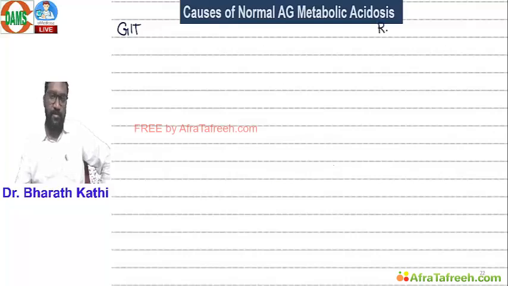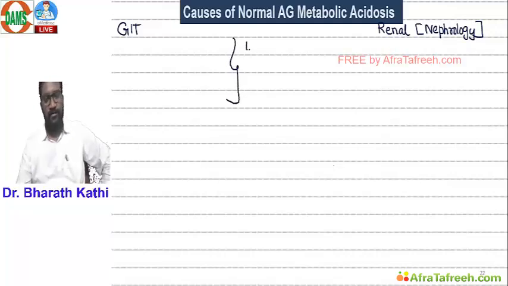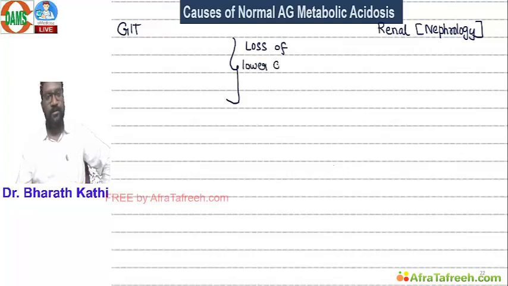These renal causes, the majority you would have come across in your nephrology. I'll just give you the list. GIT cause, the primary mechanism is loss of lower GI secretions.